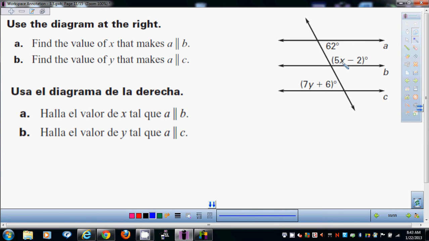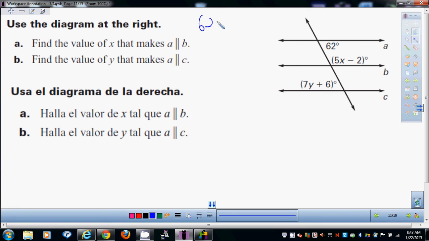Consecutive interior angles converse. What's the key word? Supplementary. And what do you do with things that are supplementary? Add them to 180. 62 plus 5x minus 2 equals 180. 62 minus 2 is 60 plus 5x equals 180.